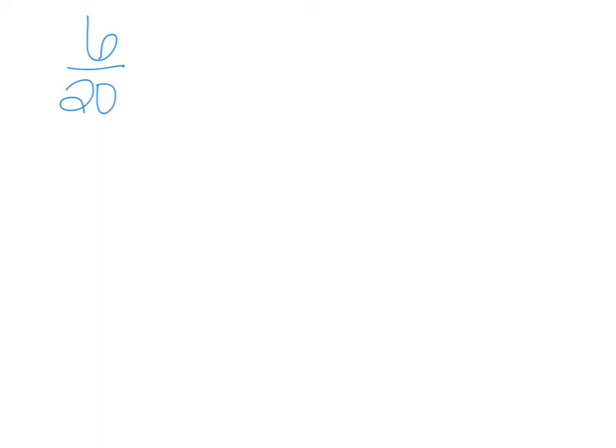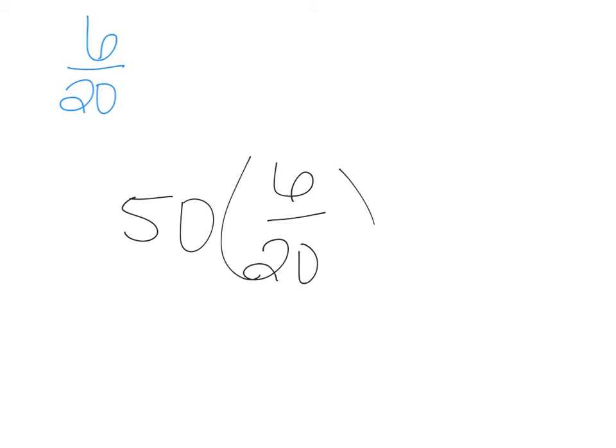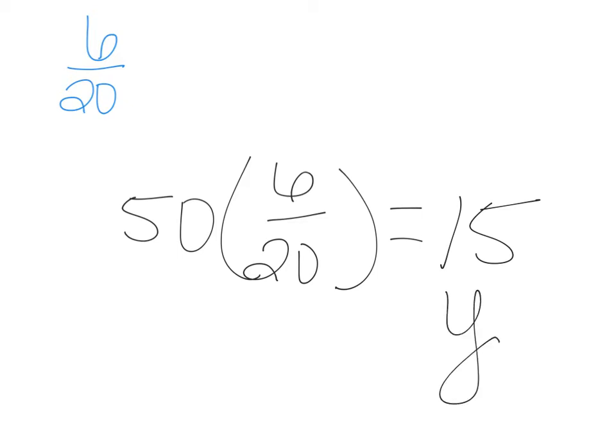What we would do is multiply the original population size by the probability of it being yellow. And if you do that math, you will see that it comes out to approximately 15 yellow marbles inside the original population of 50 marbles.